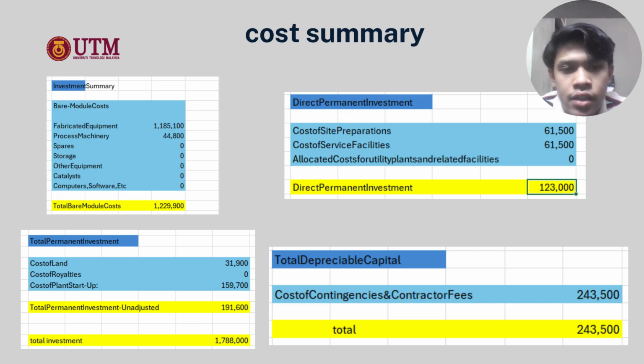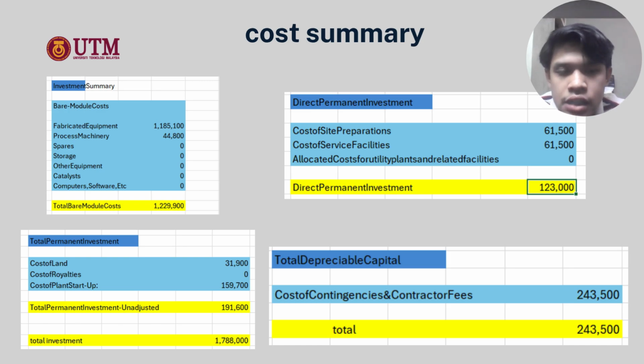This budget is around 123,000. Then for total depreciable capital, they have spent around 243,000.